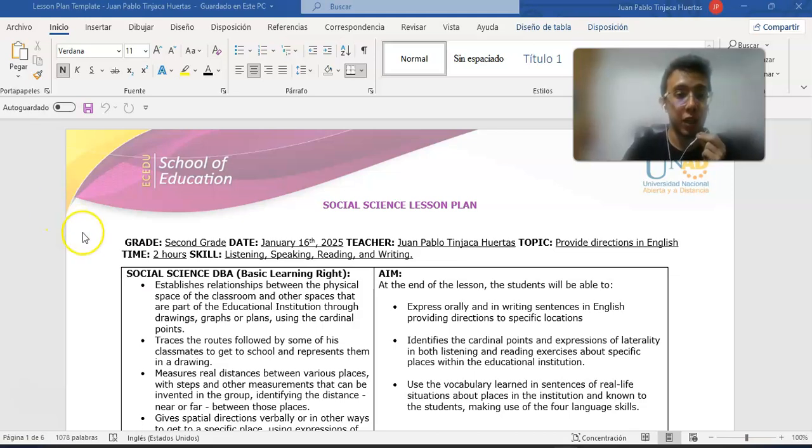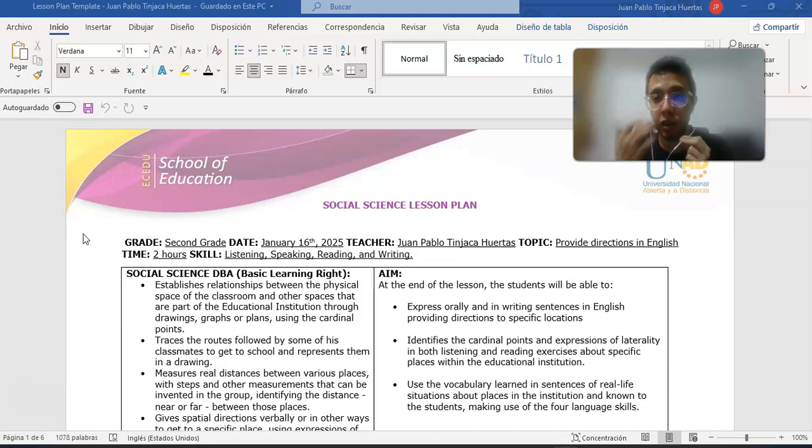So I use that as a basis, and the second thing that I used as a basis was the natural strategy and the audiolingual method. I use those learning strategies, within a language learning process, to develop this lesson plan.